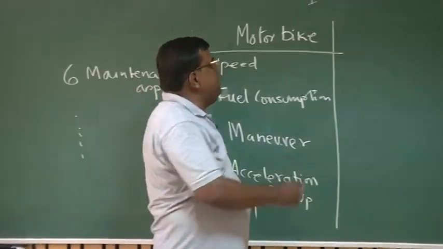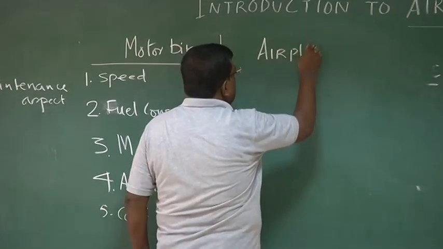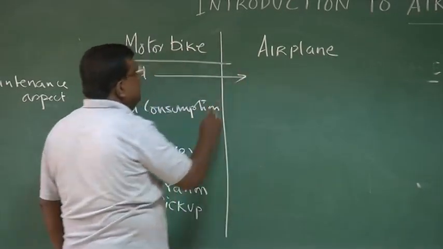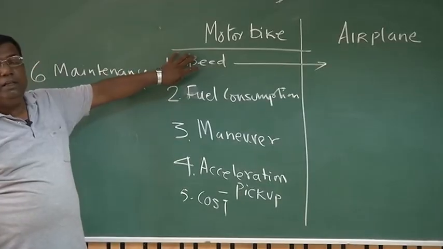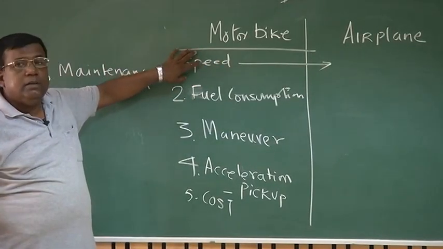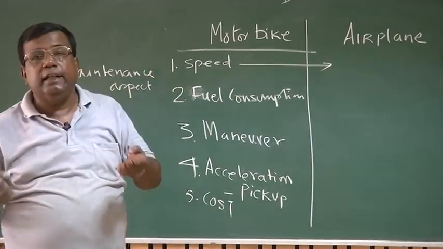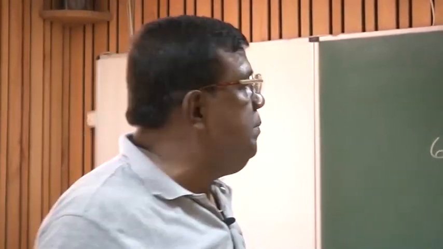If I now translate this into an airplane, how do I translate this performance requirement of speed for an airplane? For a motorbike, we will be telling what is that speed at which I get the maximum mileage and the fuel consumption is minimum.